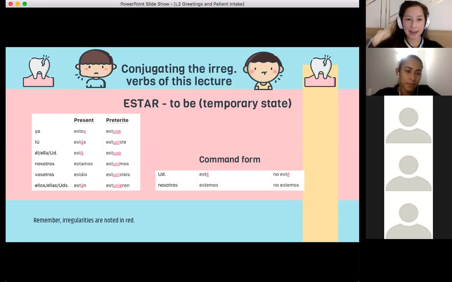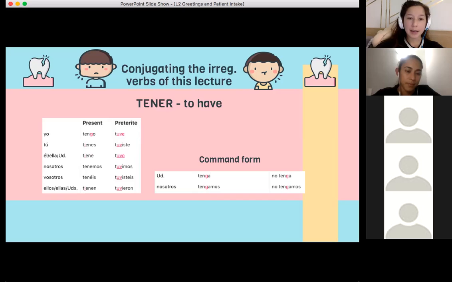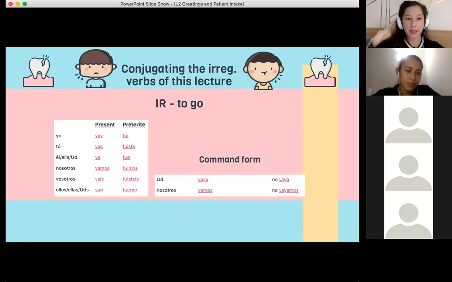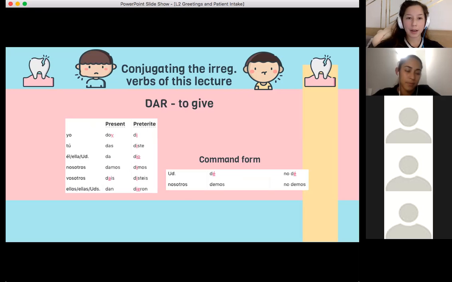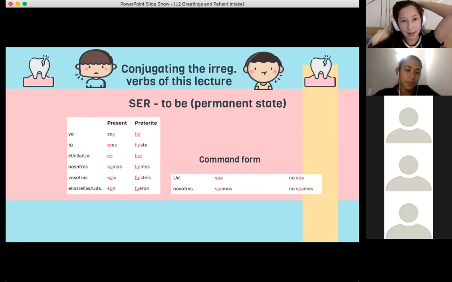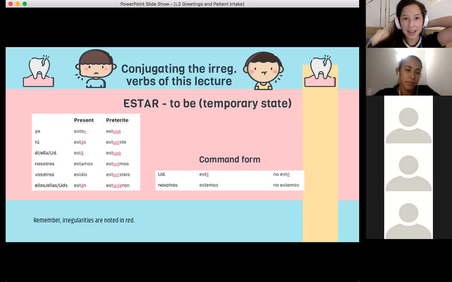Like we talked about estar, ser, and tener today. We have all the conjugations for you here if you wanted to refresh on them. And we have some other ones like ir, poder, dar. These are the more common ones that would be used in dentistry that are very irregular, especially ir. But that's all we have today.